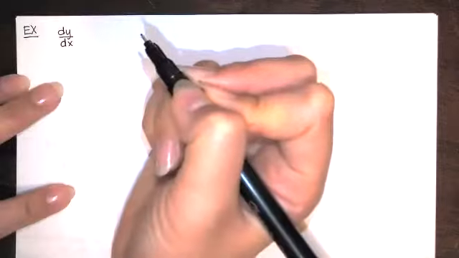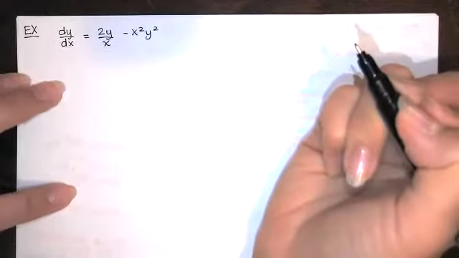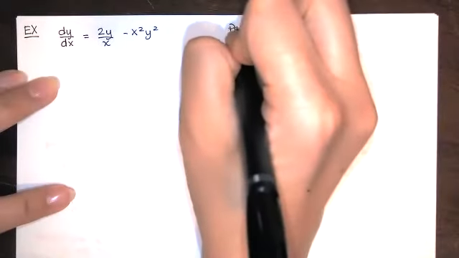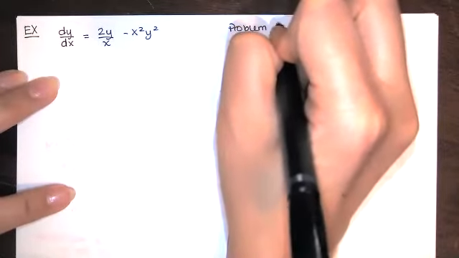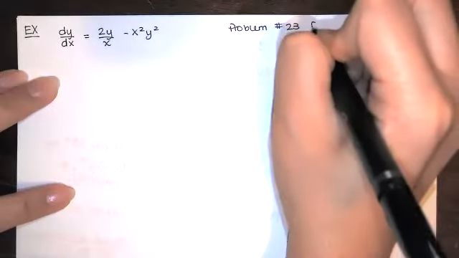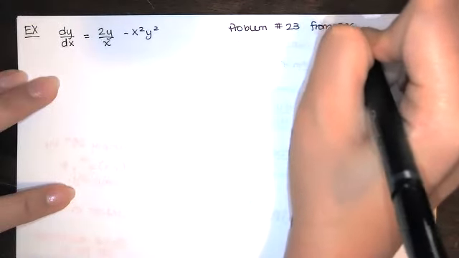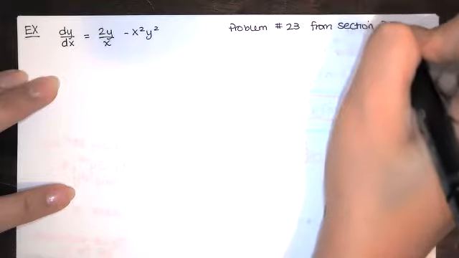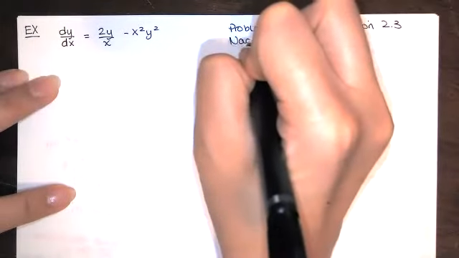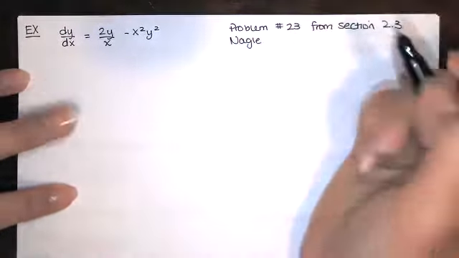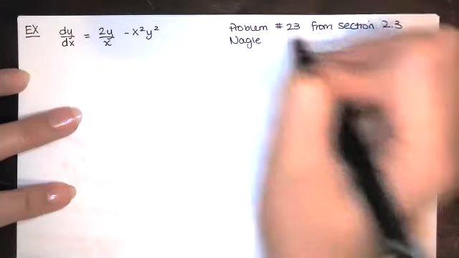This is a problem from the Nagel differential equations text. That is the official TCC text for differential equations at this time. This is problem number 23 from section 2.3. And I may be pronouncing your name incorrectly, Mr. Nagel, I'm sorry.